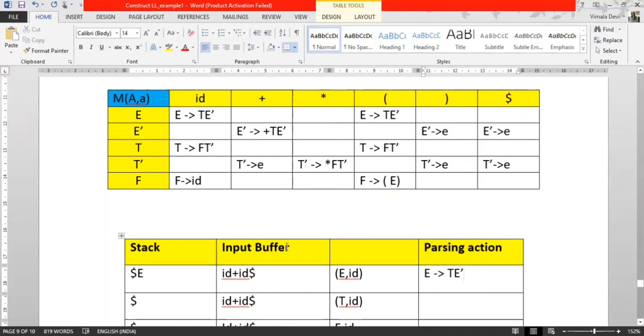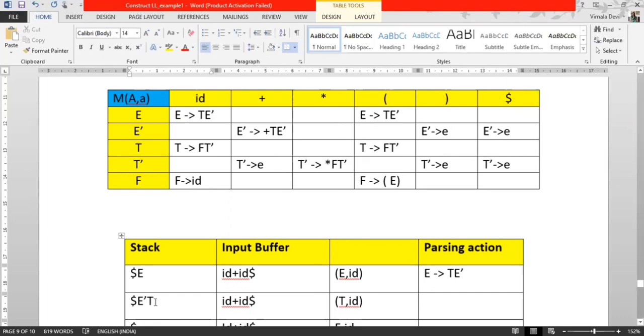Now what is it going to do? In place of this E, the right hand side of the rule is pushed onto the stack. While pushing onto the stack, E dash will be pushed first, followed by T. So in place of E, the right hand side of the rule is pushed. While pushing, the rule is reversed and gets pushed.